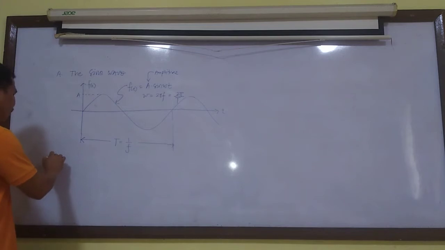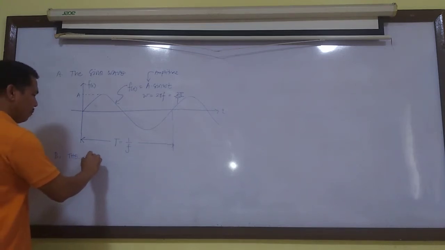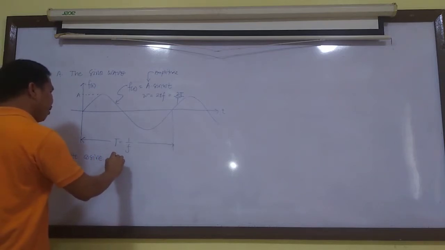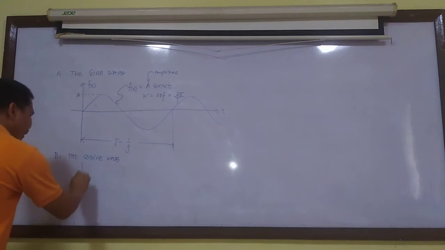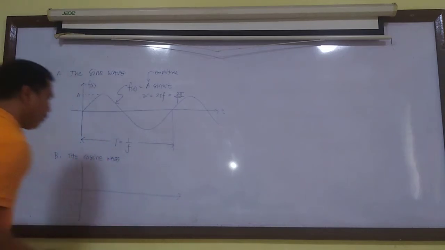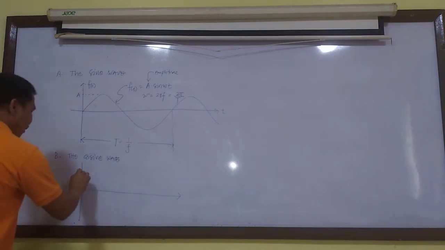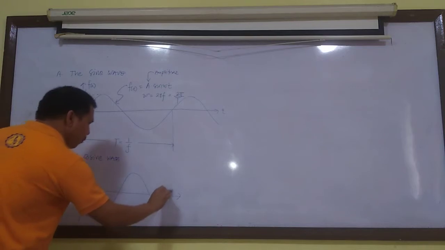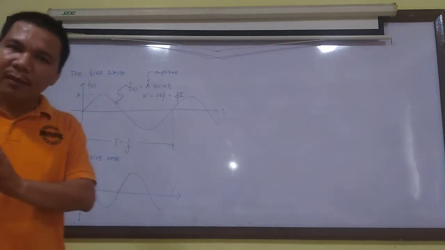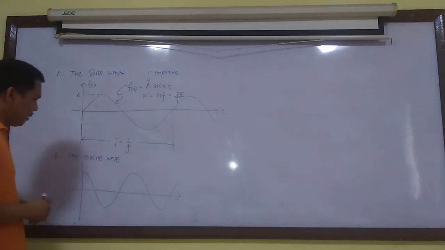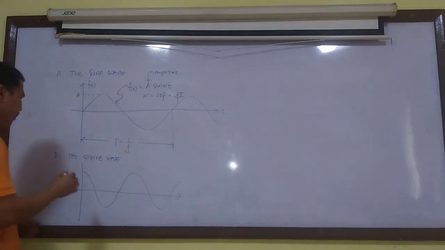Now we go to the cosine function. We will call this your cosine wave. The cosine wave is actually your sine wave, but delayed by 90 degrees, or advanced by 90 degrees.